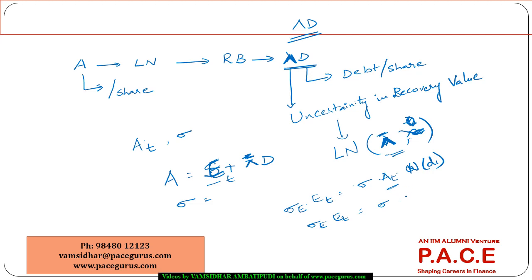What is the value of the asset now? It is the value of equity plus the randomness in the uncertainty times D. So the pi times D is what I am typically considering as the value. The volatility of the equity comes out as the volatility of the asset multiplied by the value of the asset, where pi is a random variable, divided by the value of the equity. So that is what we can derive for the volatility of the asset.